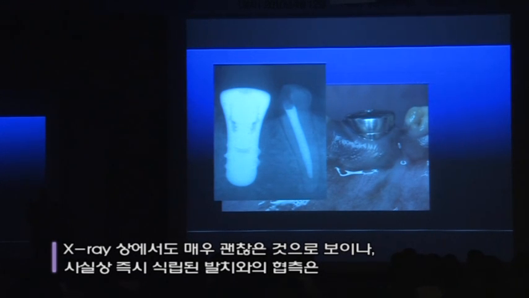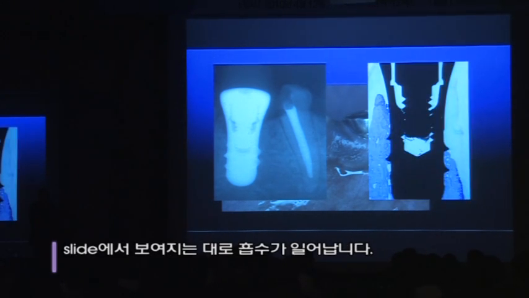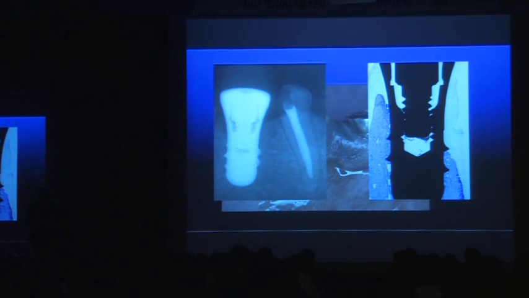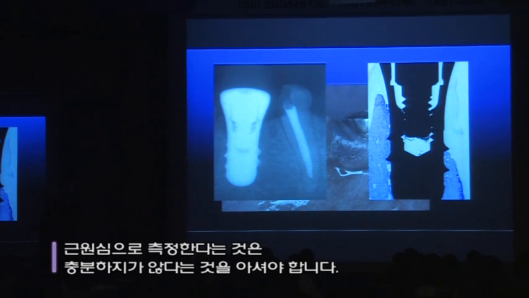But as a matter of fact, following immediate implant installation, this is how it looks at the buccal surface. And therefore, my dear colleagues, to measure mesially and distally the bone level following immediate implant installation is not a sufficient measure.